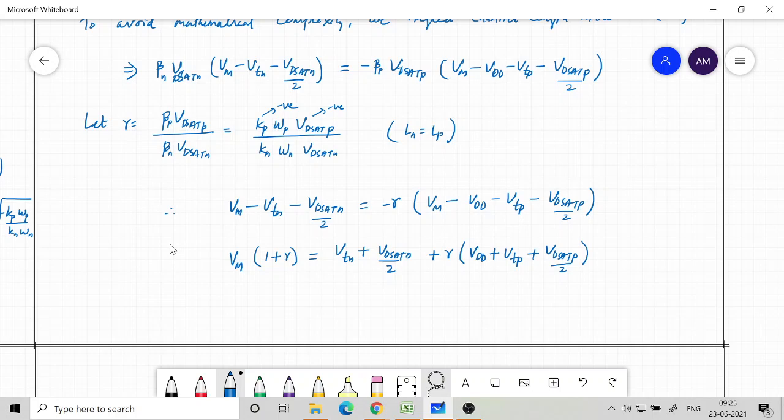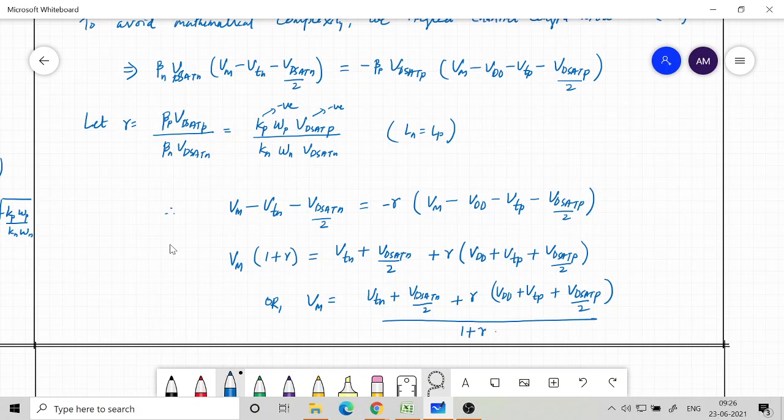So Vm, the tripping voltage in this case is this divided by 1 plus R.